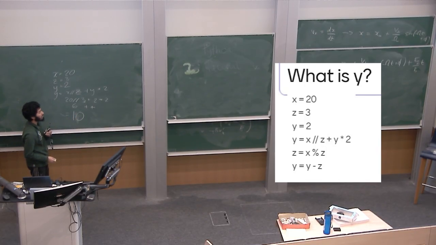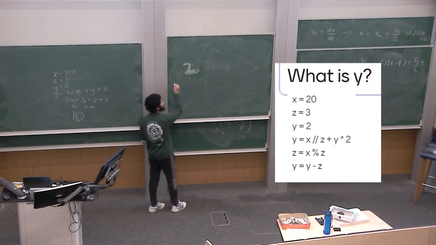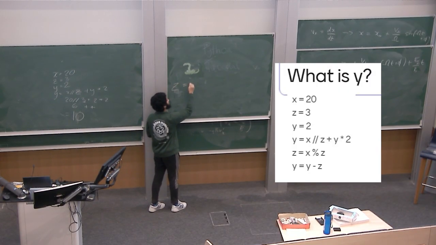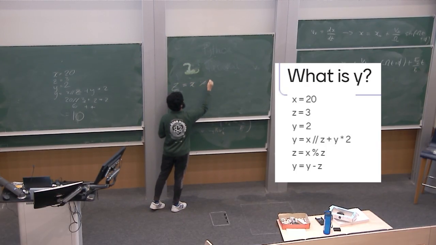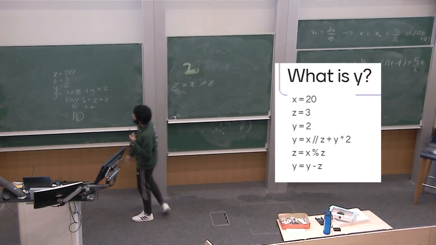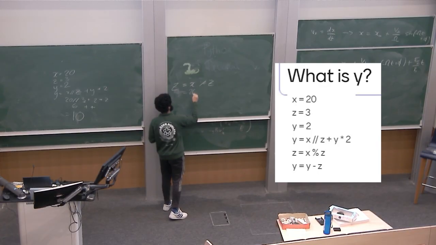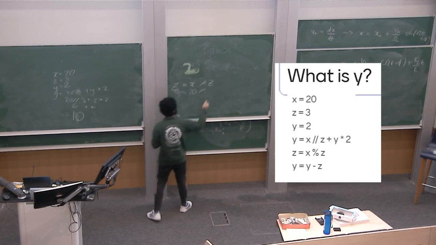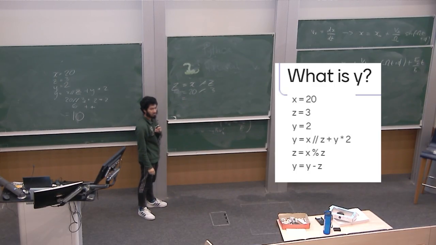Okay, then we have z equals x modulo z. Right now, x is equal to 20 and z is equal to 3. So what's this going to be equal to?